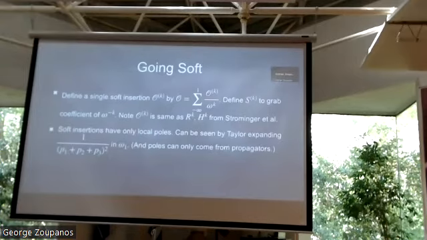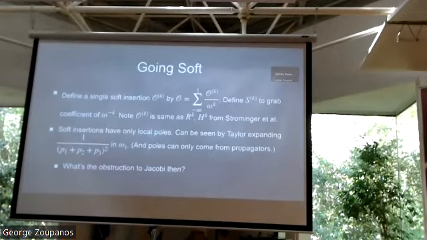And it's very important that soft insertions have only local poles. You can just think diagrammatically and see that when you Taylor expand the propagators with more than 2 momenta, it just gives polynomials within the series, and you no longer have the non-local poles from those terms.